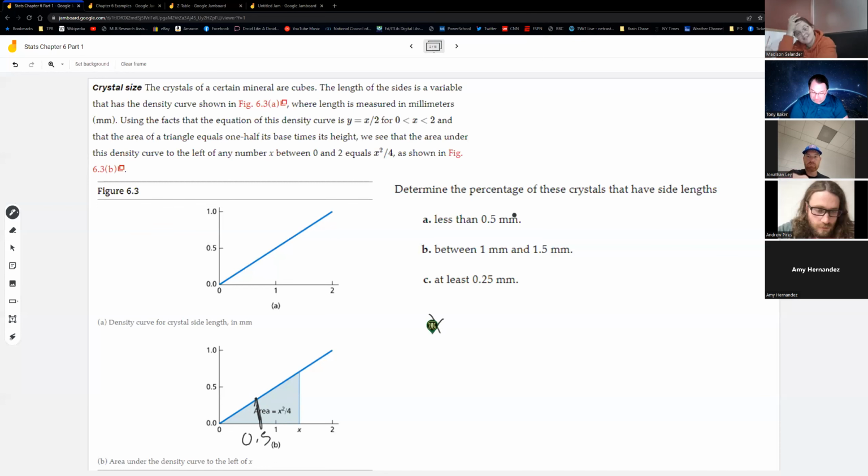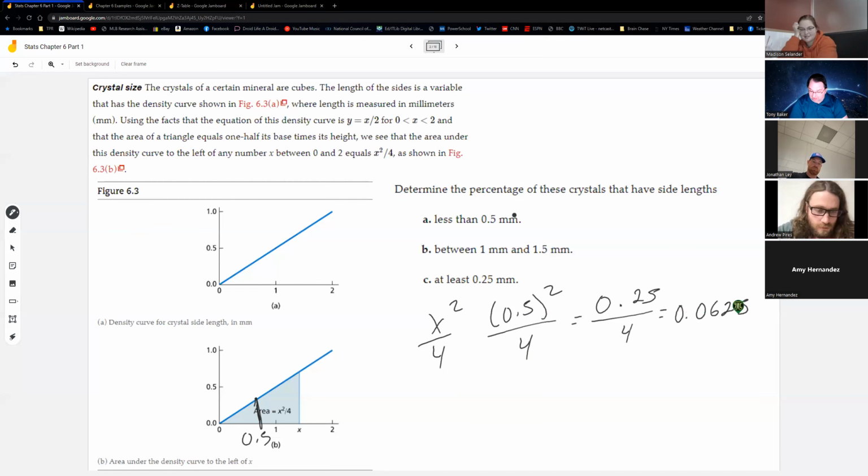So if my equation is x squared over 4, I'm going to plug in the 0.5. 0.5 squared is 0.25, divided by 4. If I divide 0.25 by 4, I get 0.0625, which would be about 6.25%. So about 6.25% of the crystals have side lengths less than 0.5 millimeters.